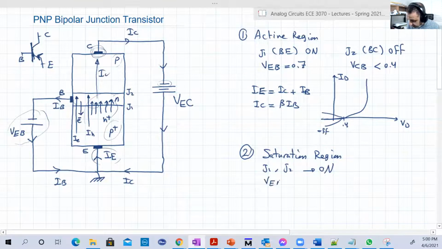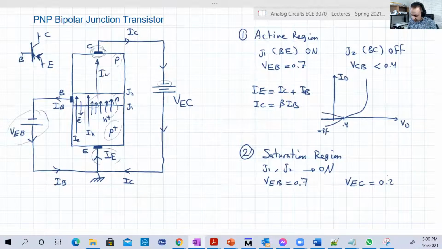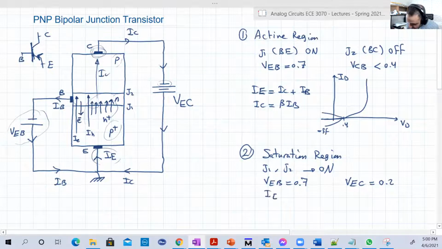VEB will still be 0.7, and VEC will now become 0.2. It was VCE before, now it's VEC, 0.2. It's still IE equal to IC plus IB, but now IC over IB is less than or equal to beta.